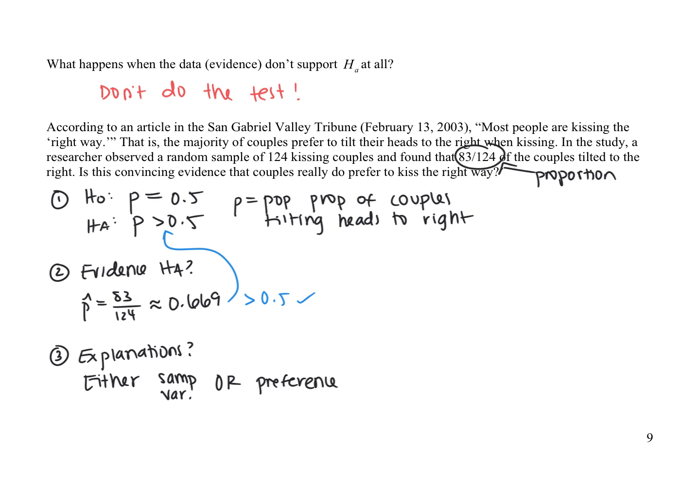So either we just happen to get a sample proportion bigger than 0.5, or there really is a preference. And this is where we now do the calculation.